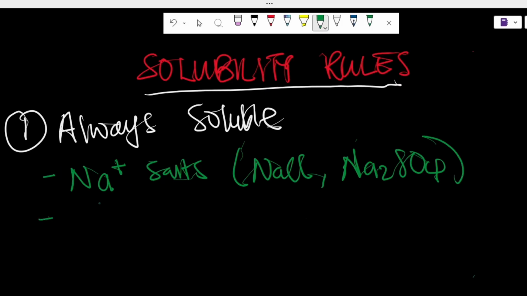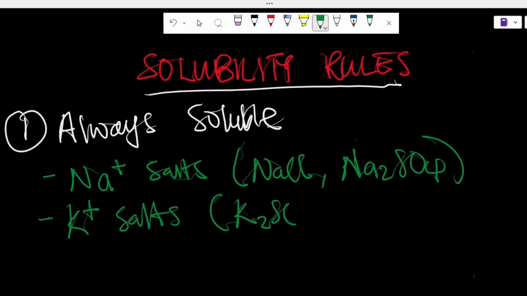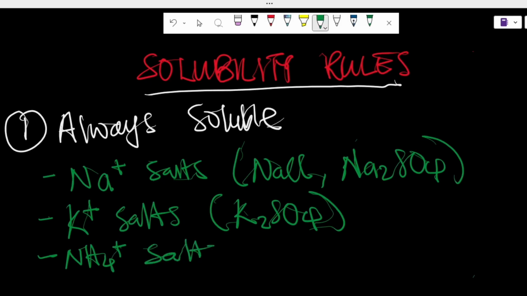Now, the other thing is that the same is true for potassium salts. So you can talk about potassium sulfate and so on. And the other thing is even ammonium salts are also soluble. So you can talk about ammonium nitrate.